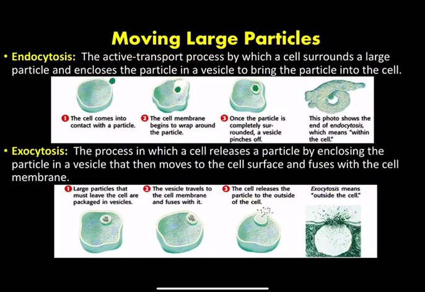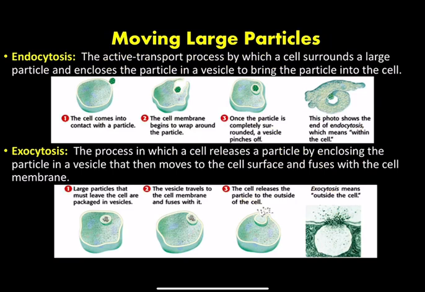Okay, now this next slide is something that we're not going to focus on the same day that we're talking about active and passive transport. But hey, why not just go ahead and learn about it now? Endocytosis and exocytosis. This is the process of moving large particles into and out of the cell.